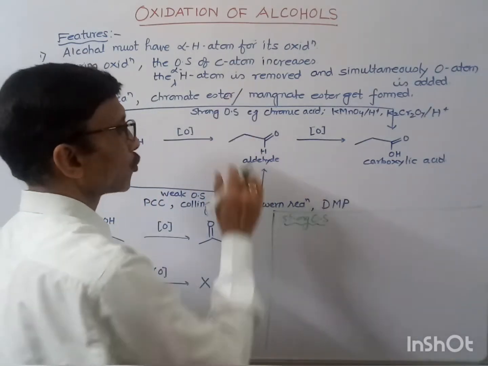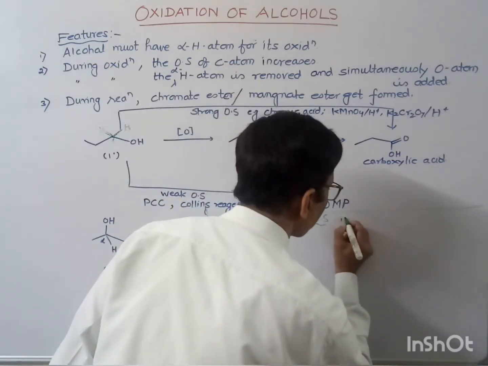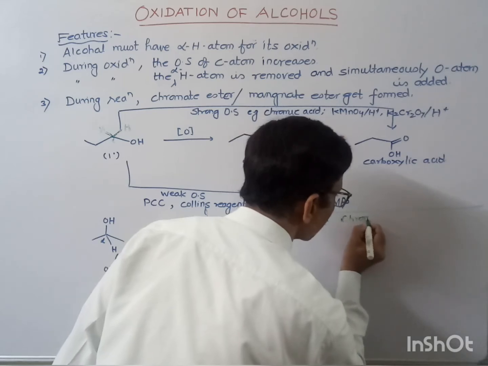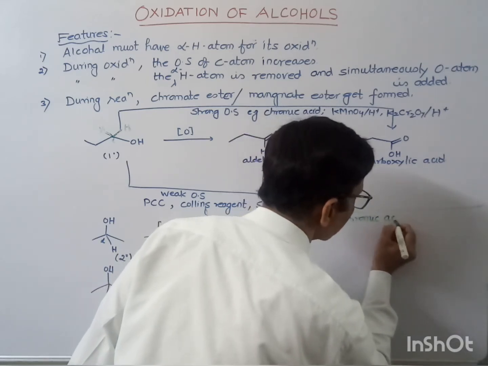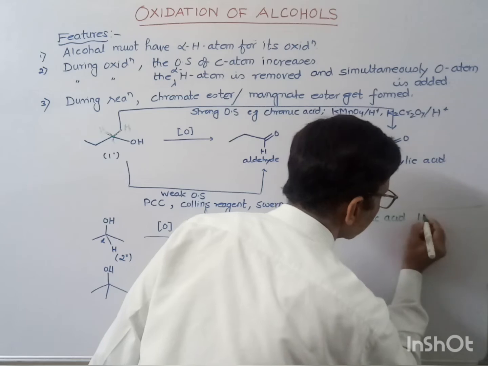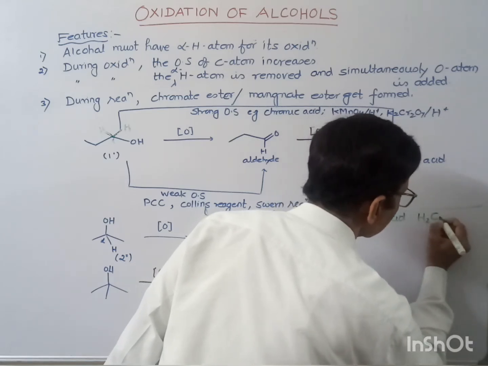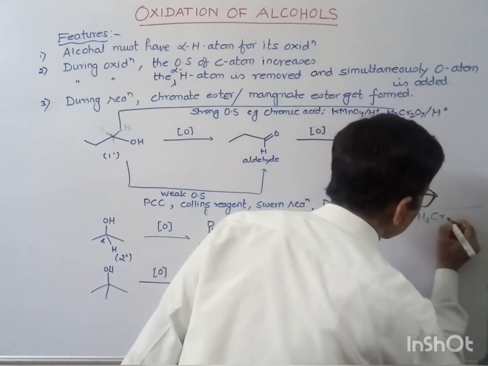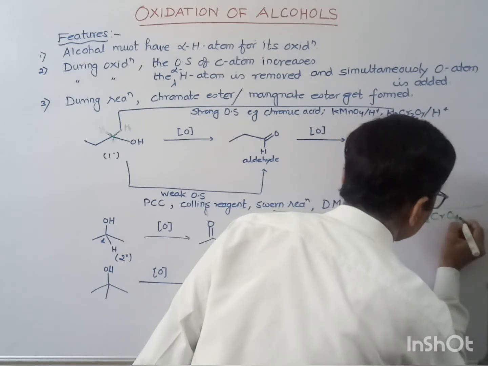So one is chromic acid. Chromic acid is used as a strong oxidizing agent, and its formula is H2CrO4.